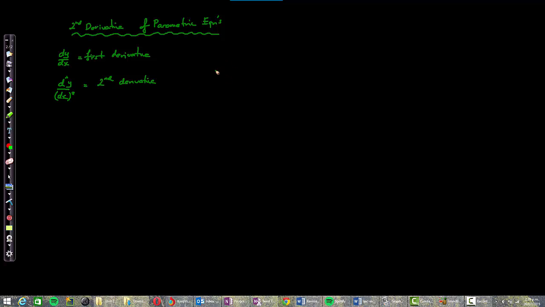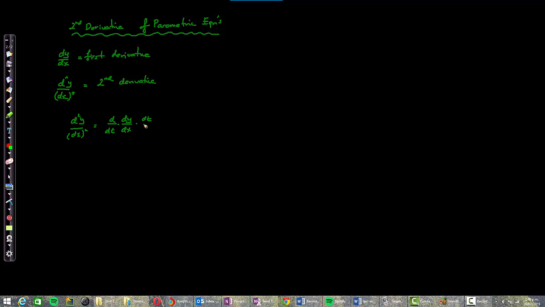So how would I apply that to, say, trying to find the second derivative of parametric equations? Well, d squared y over dx squared, we're going to start with our first derivative, but to get d squared y I need a d here, and I'm going to need to cancel that dt that we're going to have to get in a moment on this right hand side.